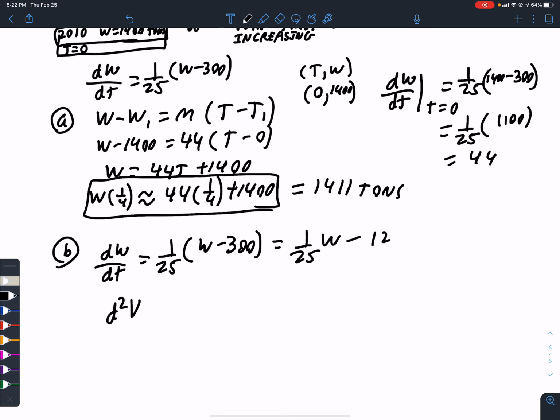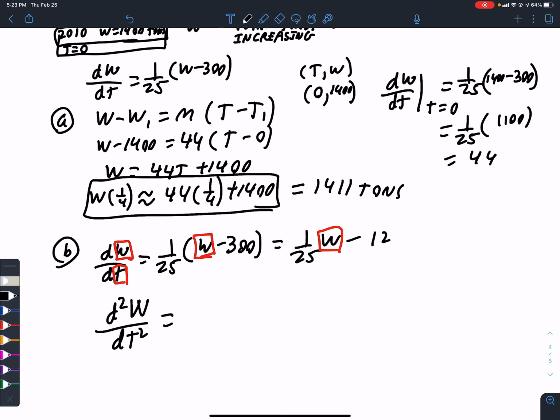So when you take the derivative of both sides, you get the second derivative. That's what we're trying to find. But here's my question to you. What is your function and what's your variable? If you look, t is your variable, W is your function. This is a function, not a variable. You need to use chain rule on that.